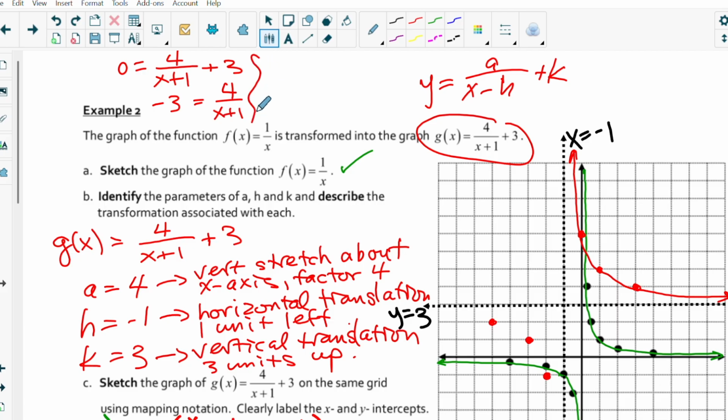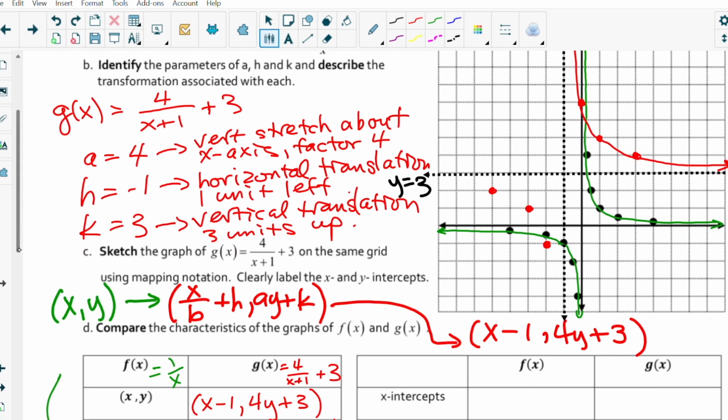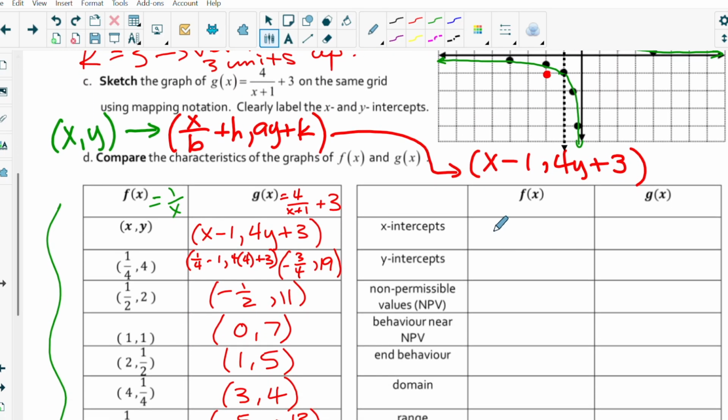Let's cross multiply. -3 times x plus 1 equals 4. -3x minus 3 equals 4. -3x equals 7. X equals -7/3. So my x-intercept's at -7/3. Let me write that in there. X equals negative 7/3.